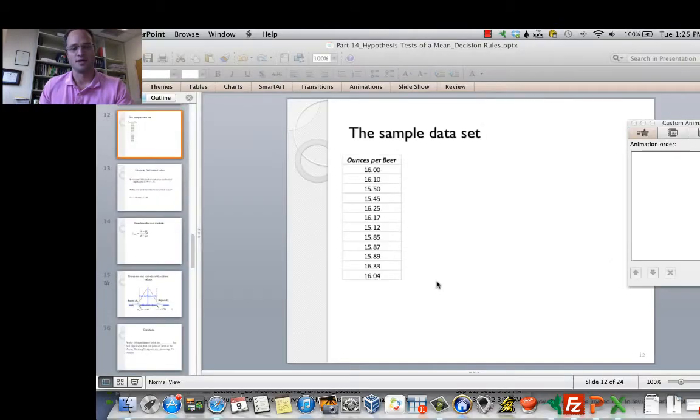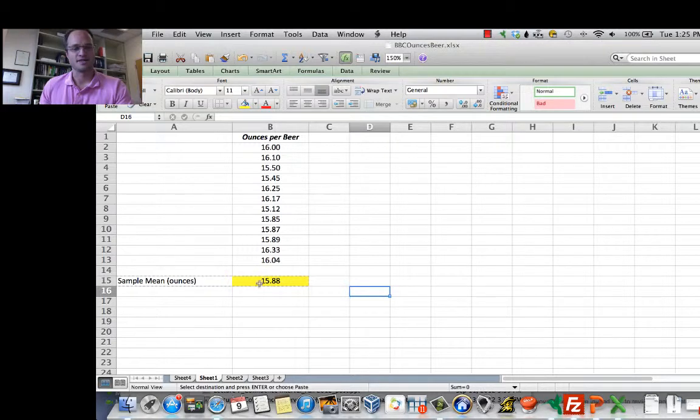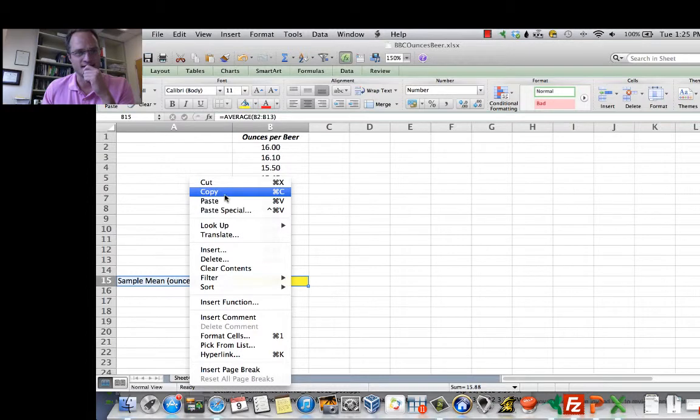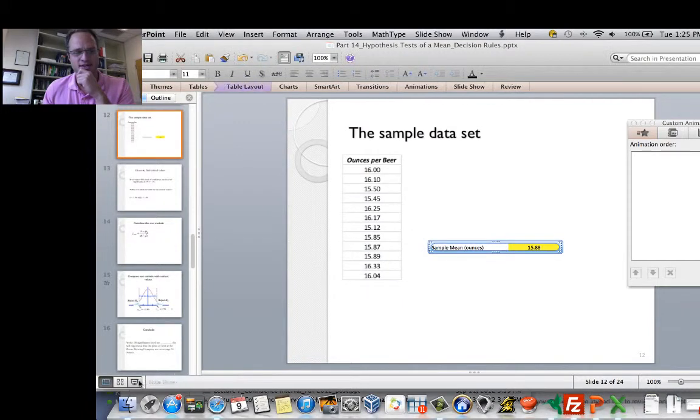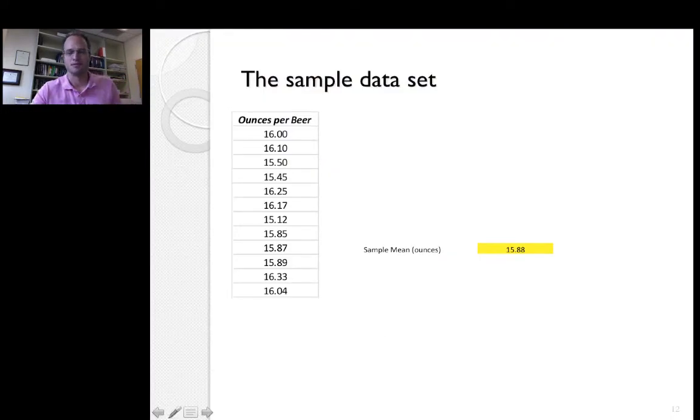I'm going to open my Excel file, and you can see that the sample mean, the average, using the average formula here, is 15.88 ounces. So I'll take that and copy and paste it back into the lecture slide here, and that's going to be X bar.